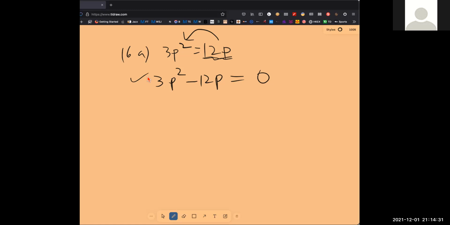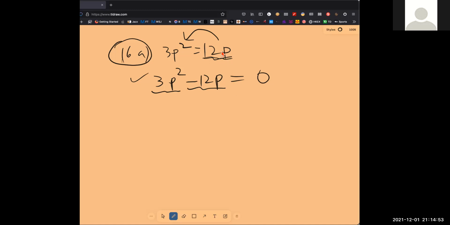Okay, good. Then the next step is, can you see what is the common factor among these two? Where did 16a go? No, this question is 16a. Sorry. So the question is 3p squared equals 12p.